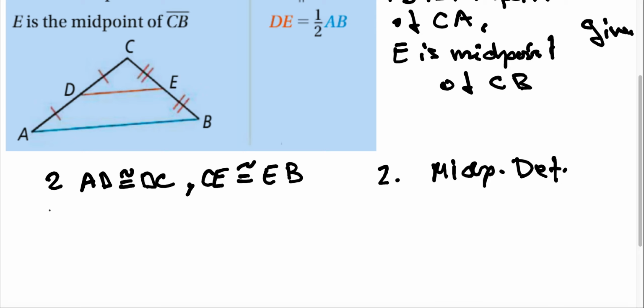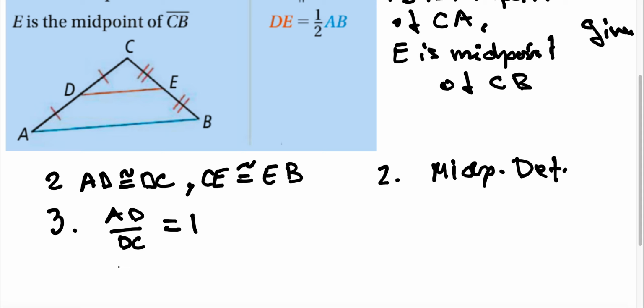And number three, now if we are taking the proportion AD divided by DC, it is equal to 1, because AD is congruent with DC, and AD divided by AD is 1.